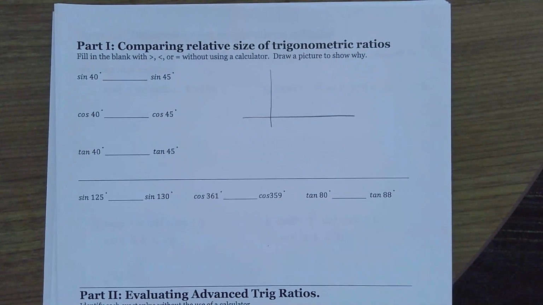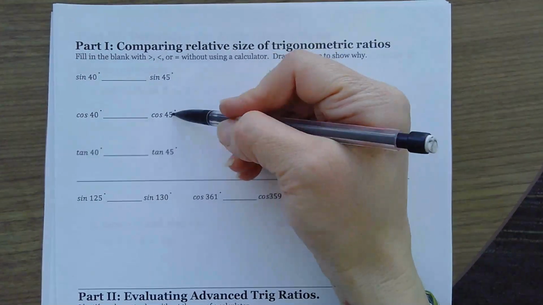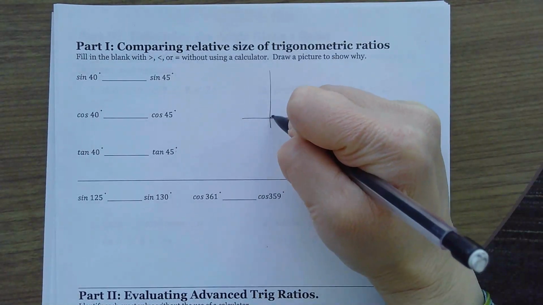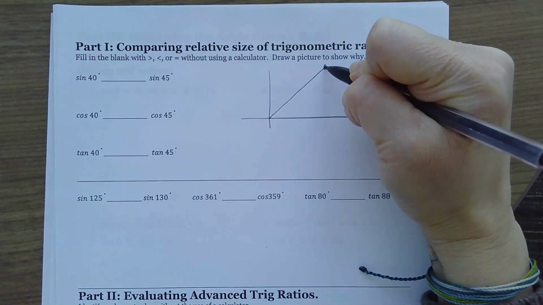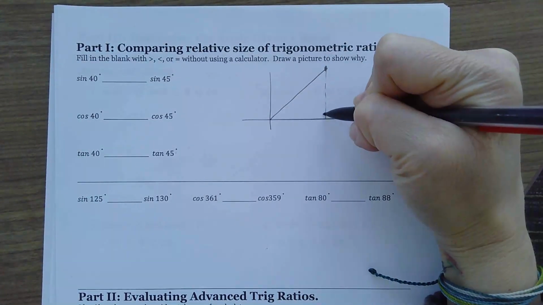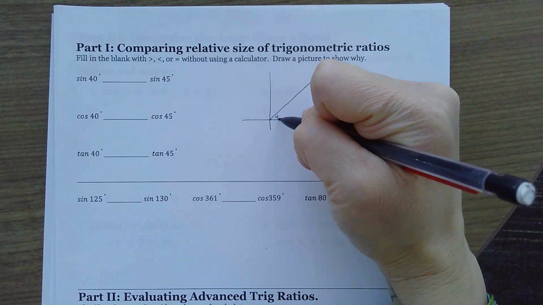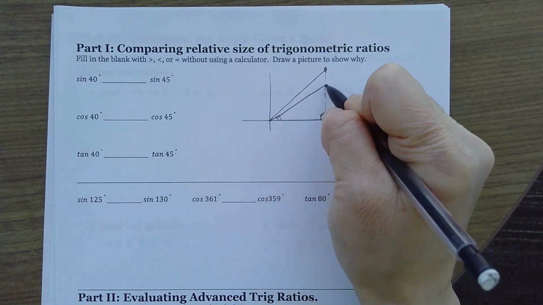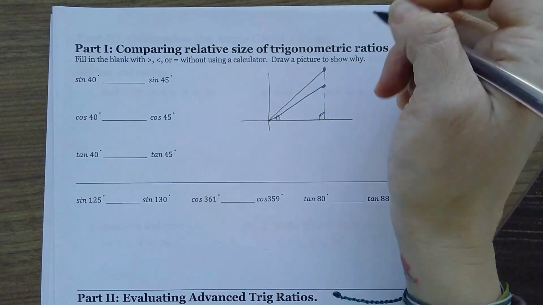These are not necessarily angles on the unit circle. The 45-degree angle is, but the 40-degree angle is not. But if I draw a triangle and this is a 45-degree angle, I know that a 40-degree angle is a little bit smaller than that.